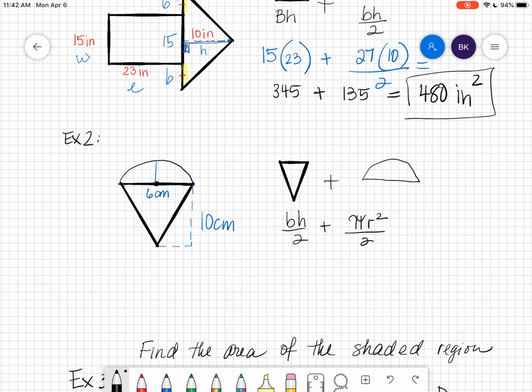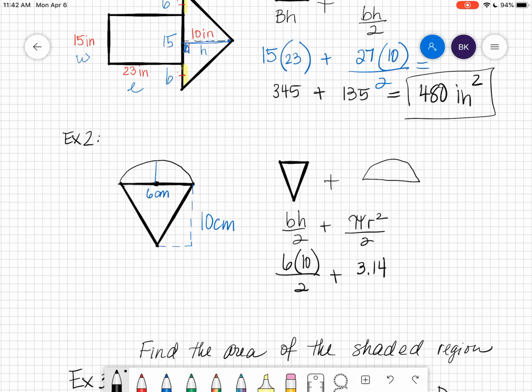6 centimeters is a diameter, right? And then 10 centimeters is the height of the triangle. So what we're going to do is take base times height, so 6 times 10 divided by 2, that's the area of the triangle, plus 3.14.